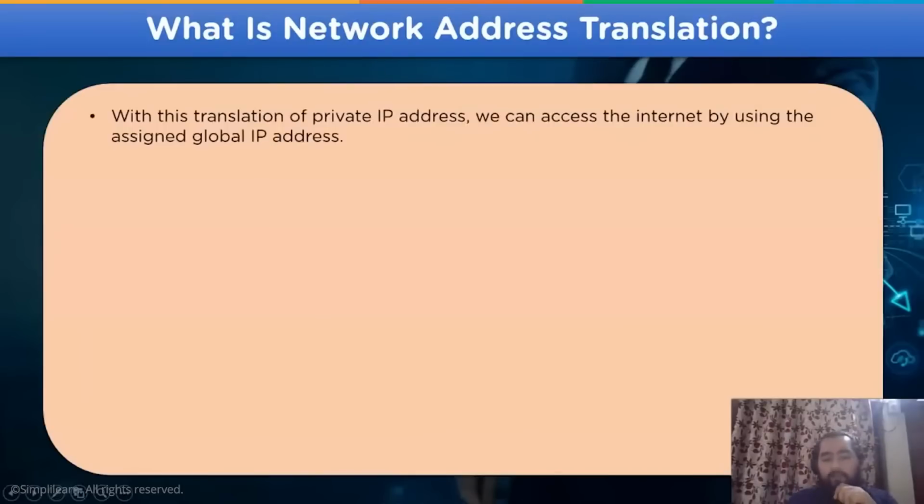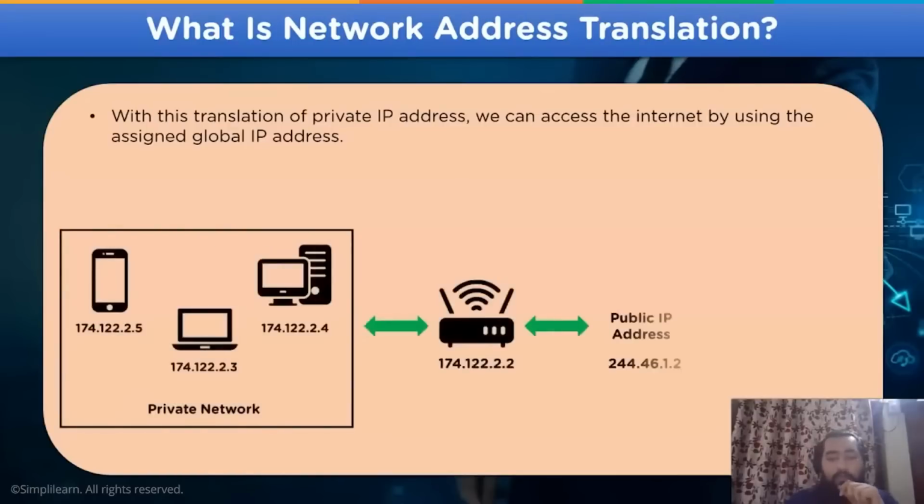The flow of this process is something like this: the configured router acts as an interface between the private network and the public network. That means the private network will communicate with the router when it wants to access the internet. The same is the case for public addresses too.